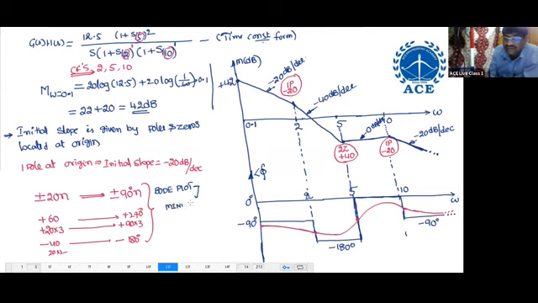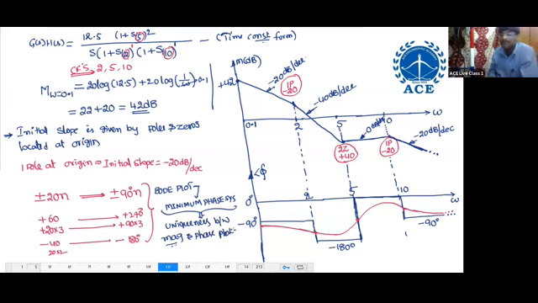In a minimum phase system, there is a uniqueness between the magnitude and phase plot.